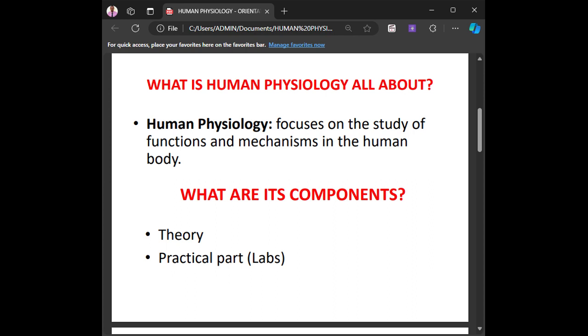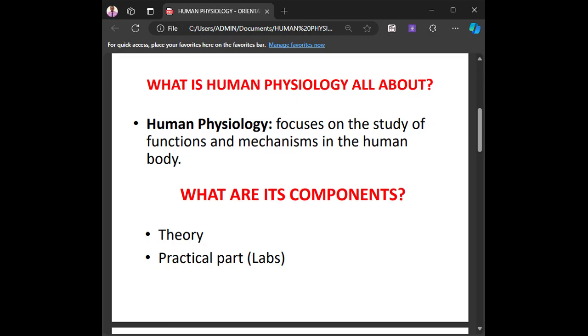What are the organs that are involved in you moving up and down and the like? For example, if you're talking about movement, physiology will study how muscles work together in order to produce coordinated and efficient movements.